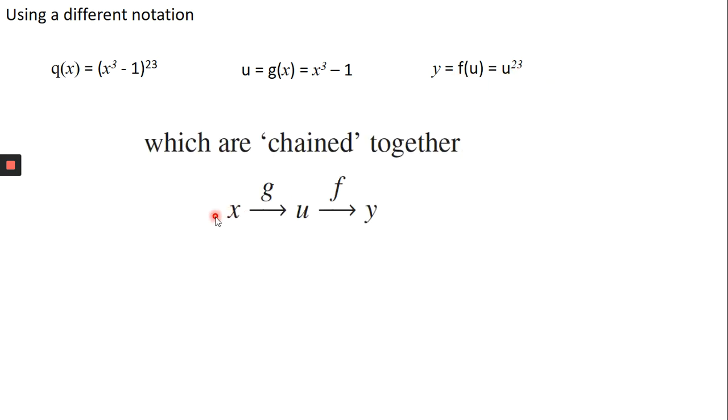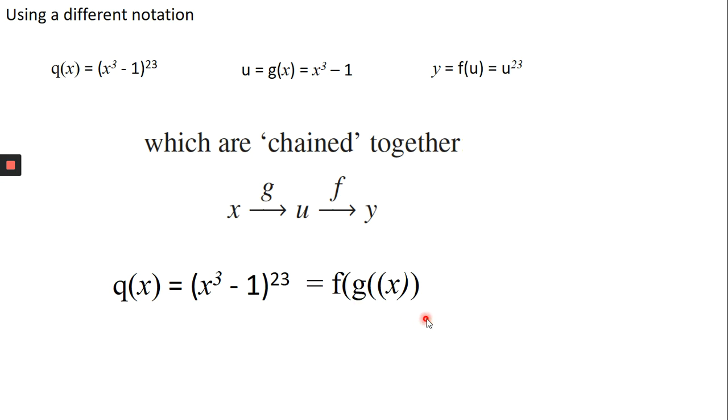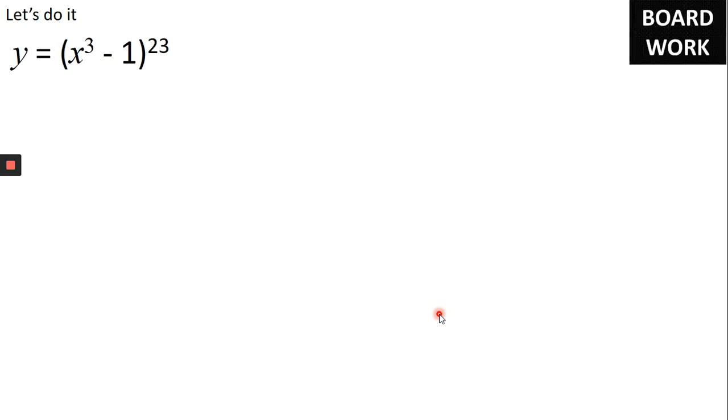And then we chain them together, the x, the u, and the y, if we're using the previous method, and we're chaining together the g and the x. f of g of x, so it's almost like one function inside of the other.